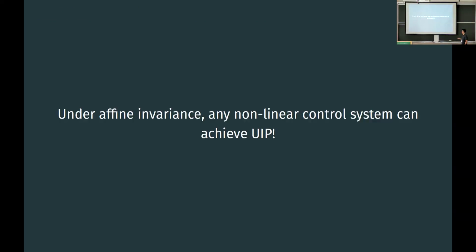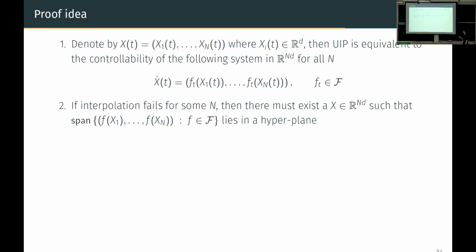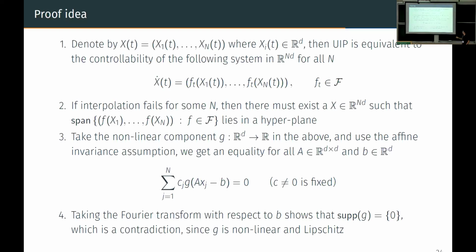Okay, the proof. I'll just describe the idea, and you can read the details. The idea is very simple. We can think about simultaneous control as a control problem in Nd dimensions, right? And now we can go with the kind of argument we just made. Imagine this setting. If universal interpolation fails in a certain dimension at a certain point, then there must be some point where the reachable set is not a ball but lies on a hyperplane.